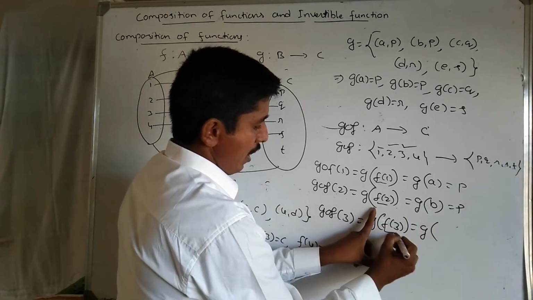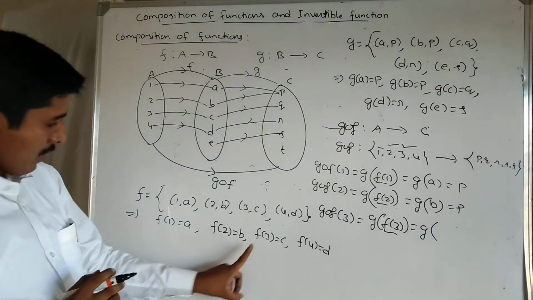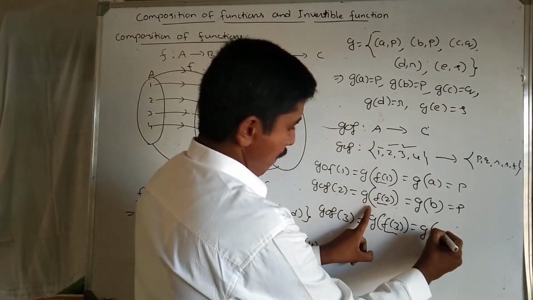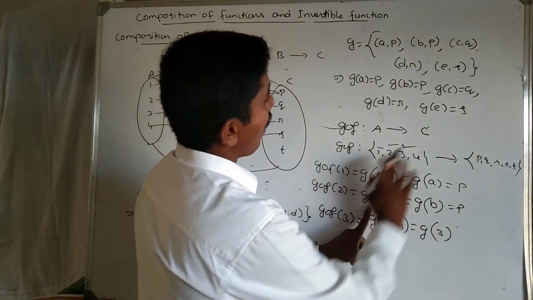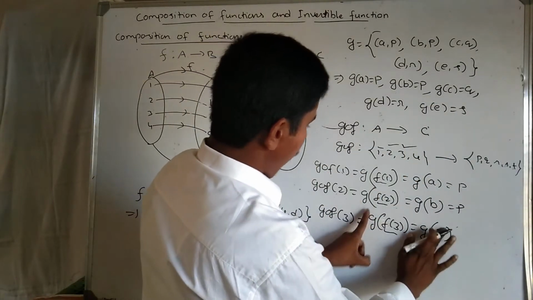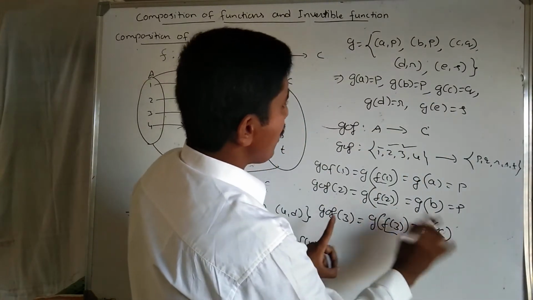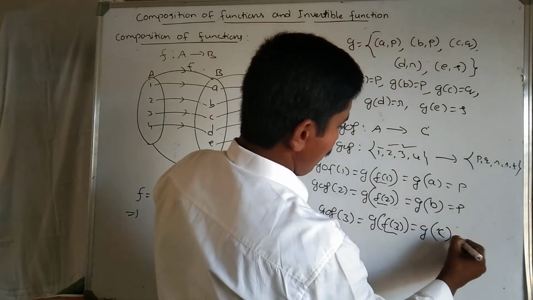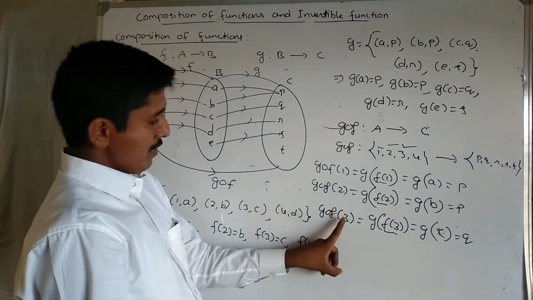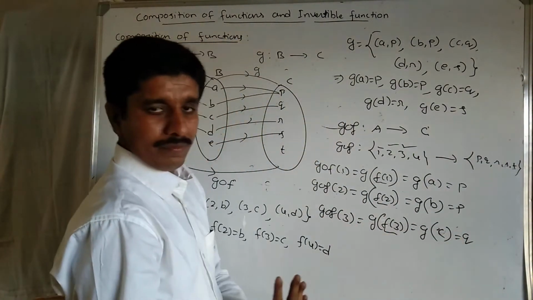F of 3 equals C, so G of C equals Q. Means 3 is mapping with Q.